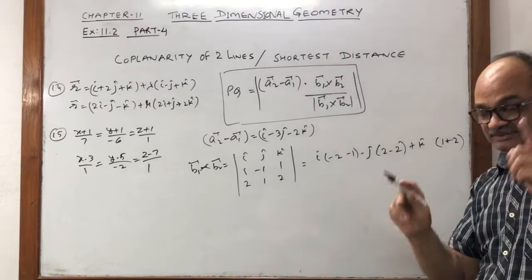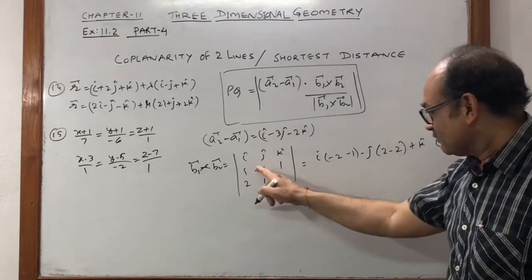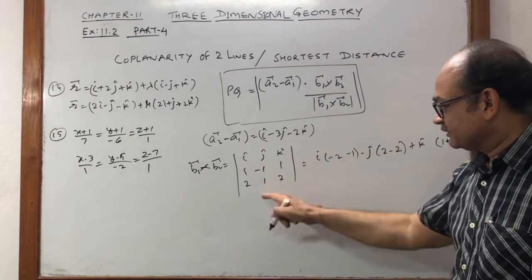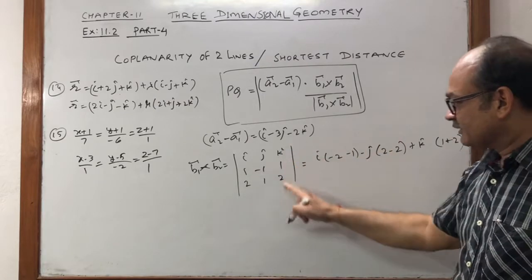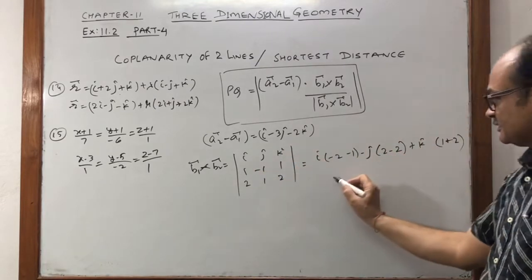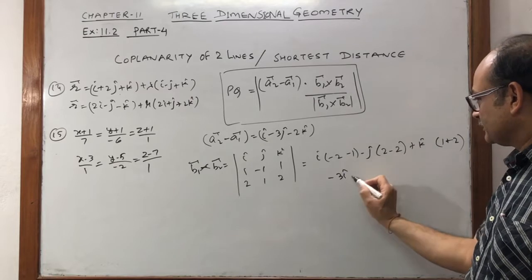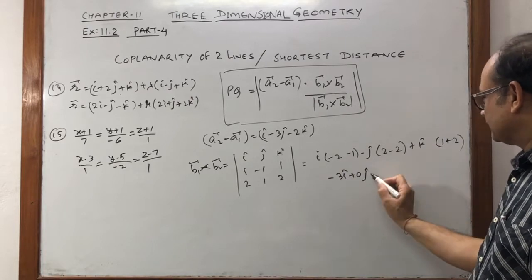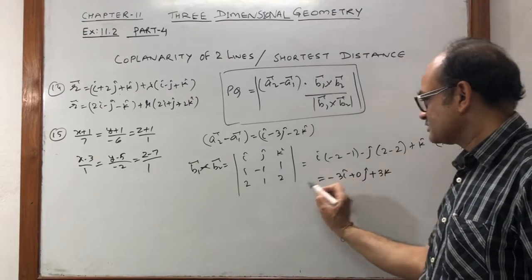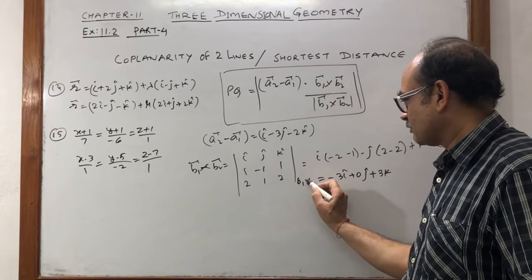Check it again because it's calculation work. i, minus 2 minus 1. Correct. j, 2 minus 2. Correct. k, 1 plus 2. Yes. So minus 3i, 0j, and 3k is the answer of B1 cross B2.